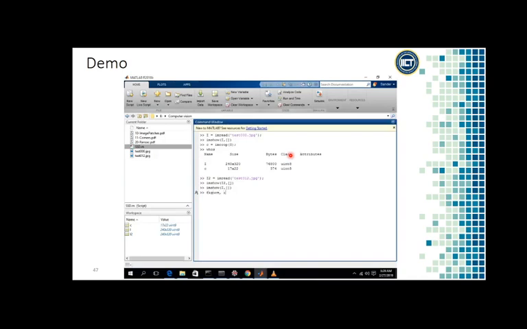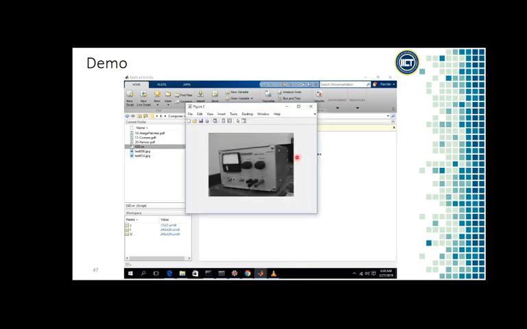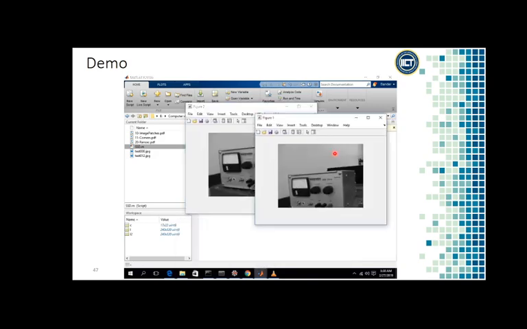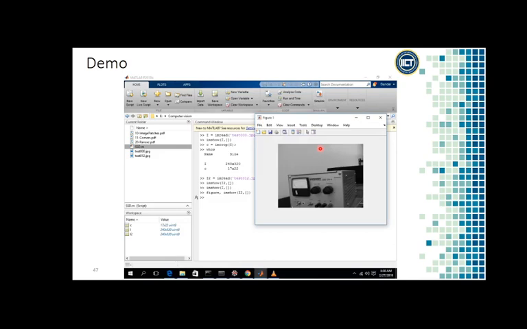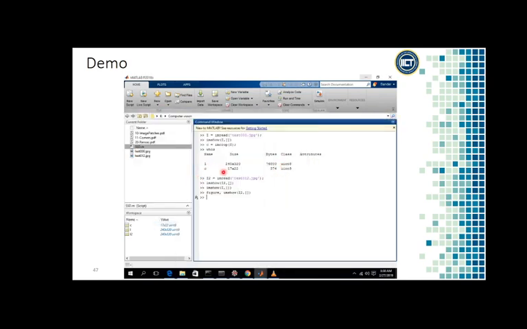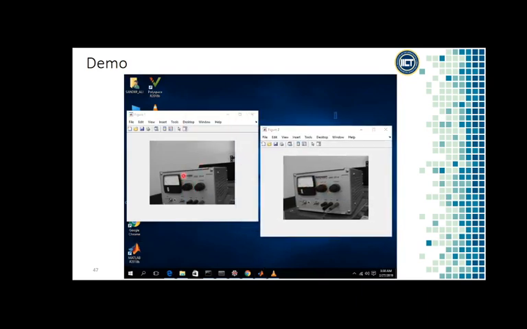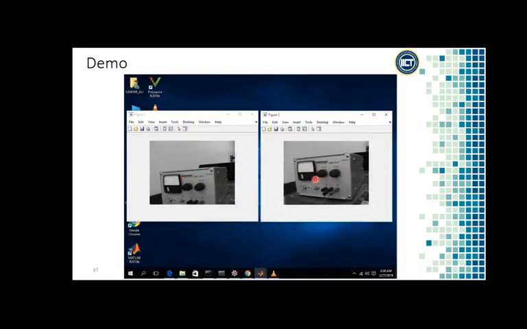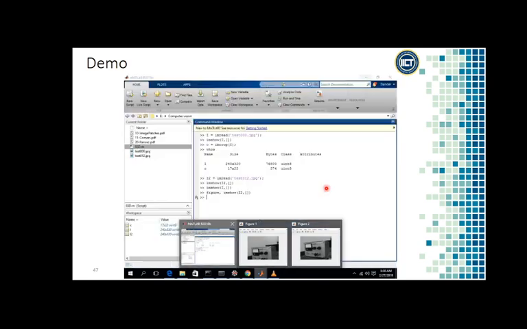So now I'll create another window to show you both the images, to show you that there is a translational shift in both the images. You can see this is the original image and this is the translation shift image, as we discussed in the last class.